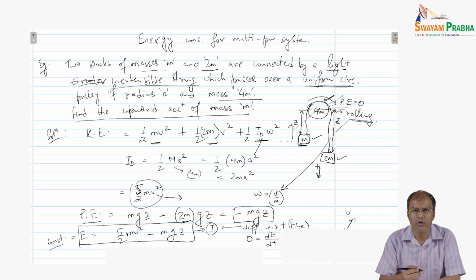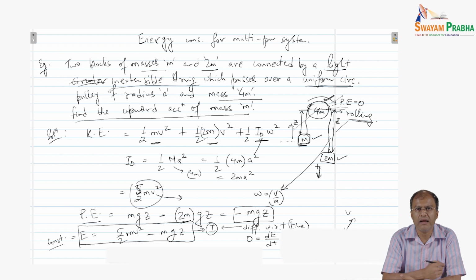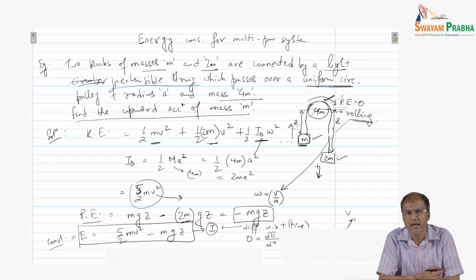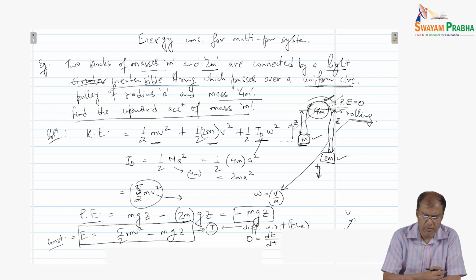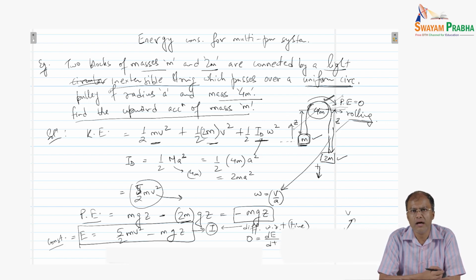Because we are talking about the entire system here, if we use energy conservation, the problem becomes much easier to tackle. Otherwise we need to write the various components of the force balance, and that becomes a little bit tricky. So energy conservation is a truly powerful identity.